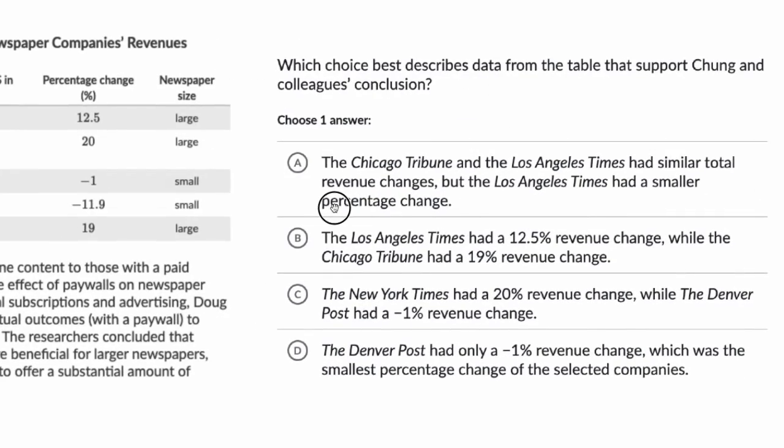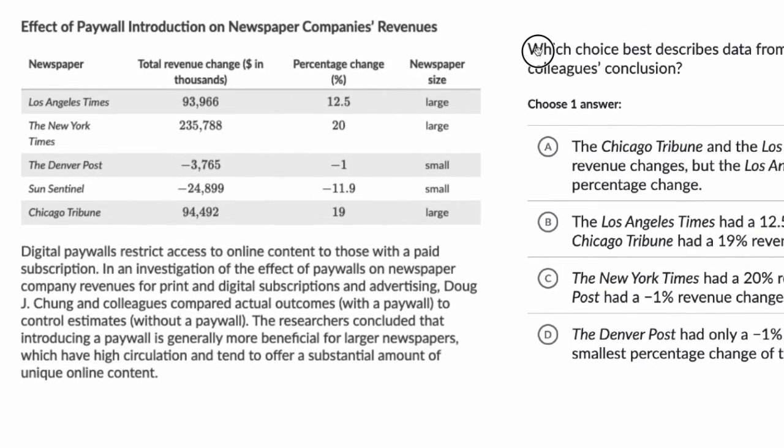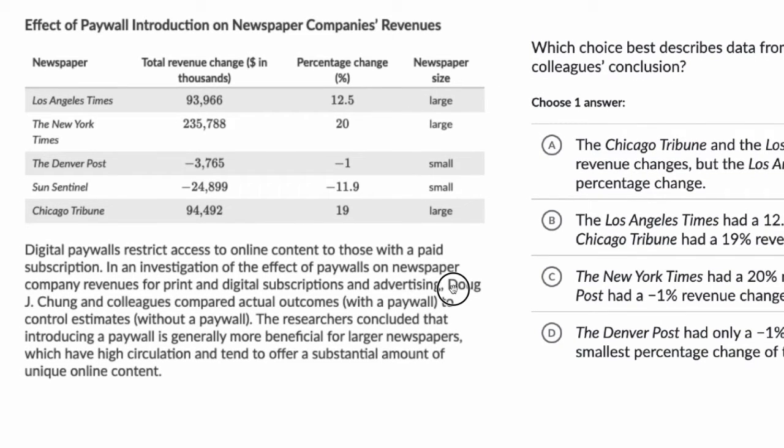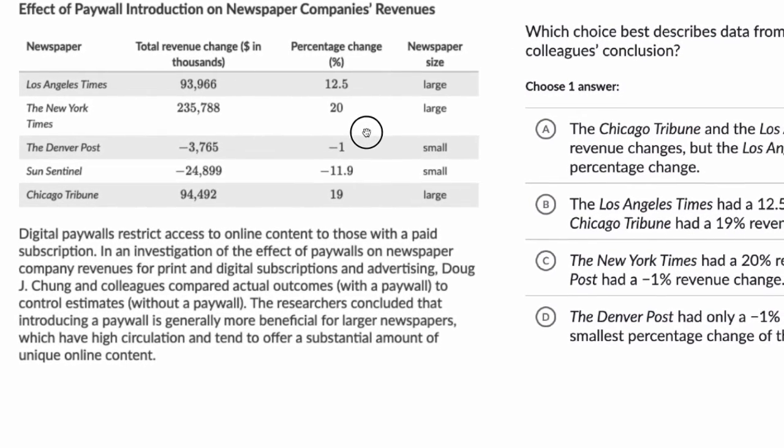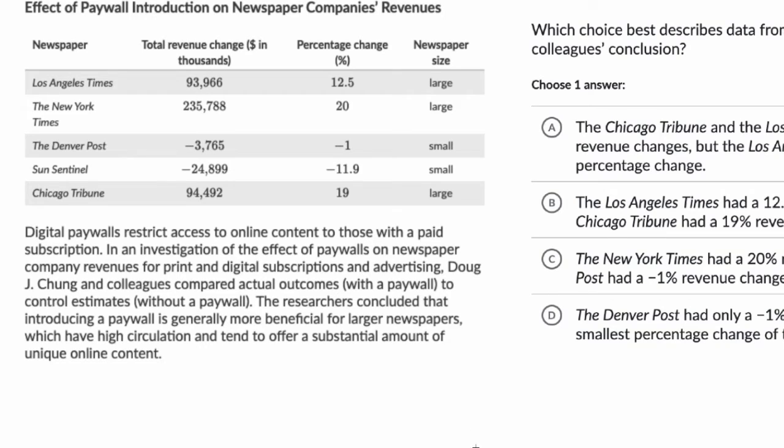Number 6, data that supports their conclusion. So step 1, read that. Step 2, read this. Step 3, assess the table. Step 4, look at the answer choices. So what is their conclusion? Digital paywalls restrict access to online content to those with a paid subscription.